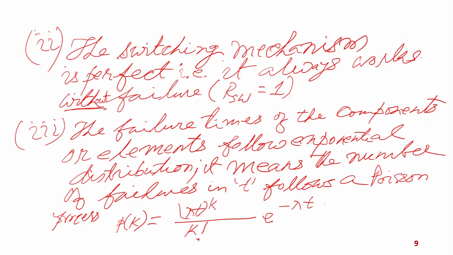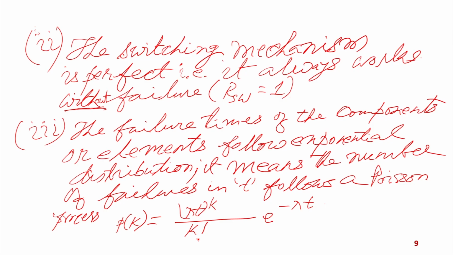So the switch reliability R_switch is equal to 1. In subsequent lectures, we will consider the case where it is less than 1, and we will see how the system behaves when the switches also have some reliability figure, that is, some probability of failure.